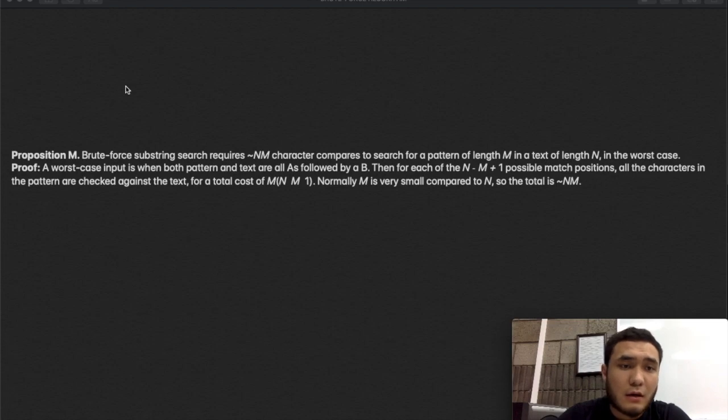Proof: a worst-case input is when both the pattern and the text are all As followed by a B. Then for each of the N minus M plus 1 possible match positions, all the characters in the pattern are checked against the text, for a total cost of NM. Normally, M is very small compared to N, so the total is about NM.